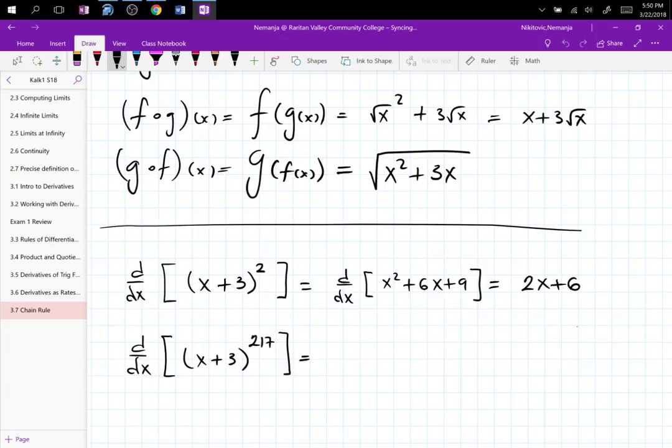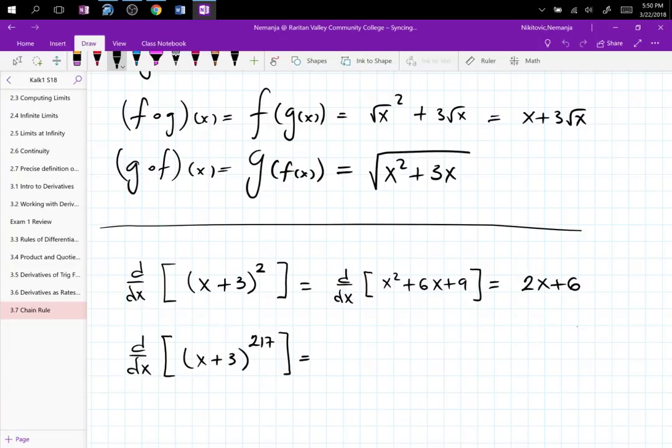Who gave up? All right. So clearly you will not be foiling this. It's 217 of these. So there has to be a way, right, to deal with this.